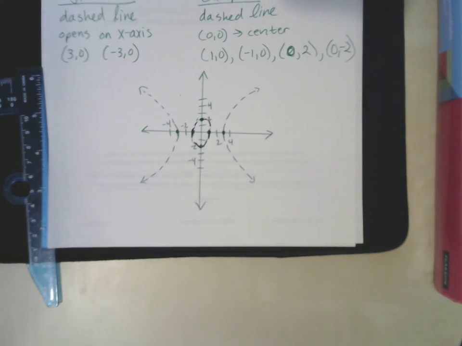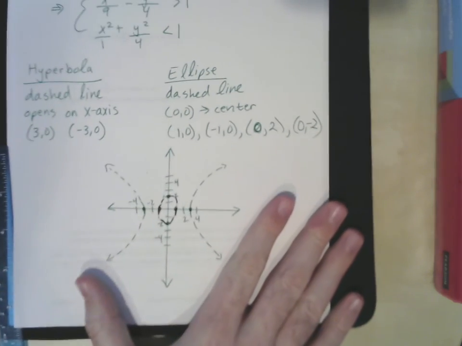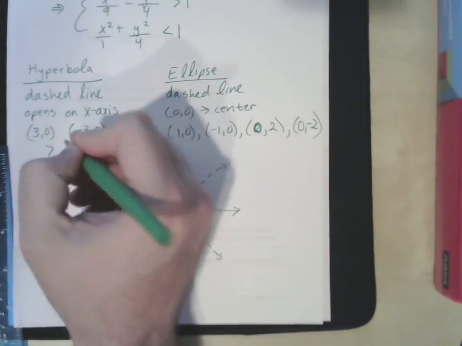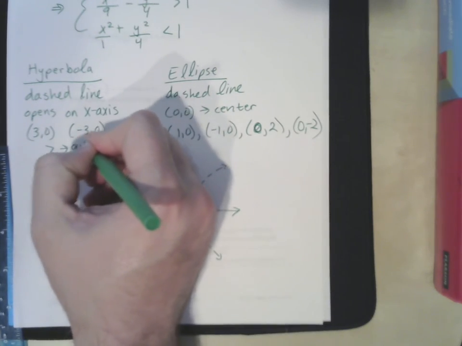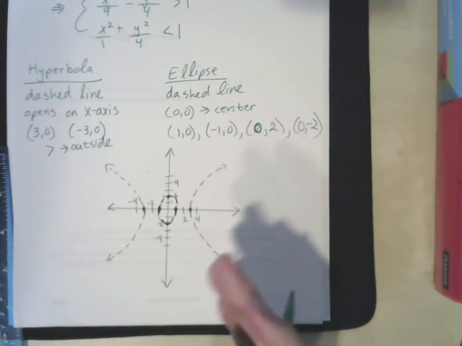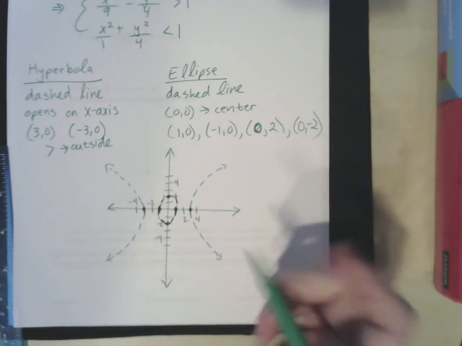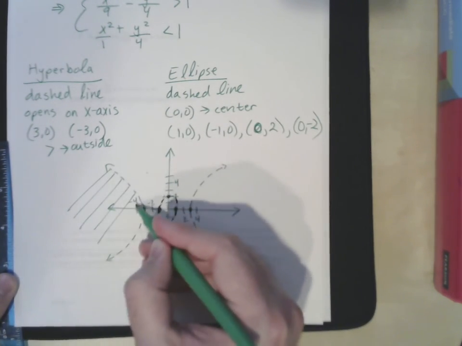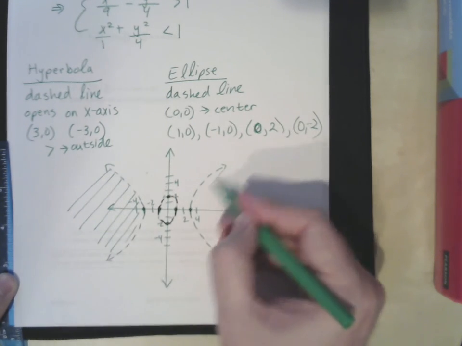So now we can do our shading. The hyperbola is greater than, which means outside. Remember, outside the hyperbola means outside of the edges, so that would be here, like this, and here.